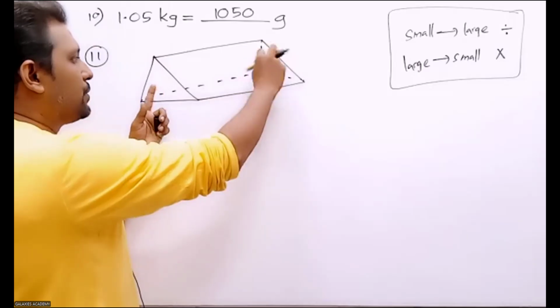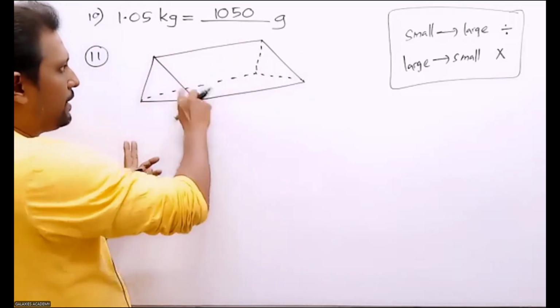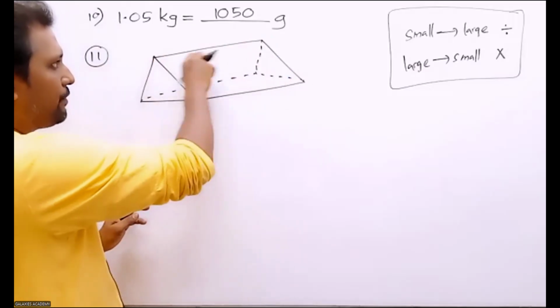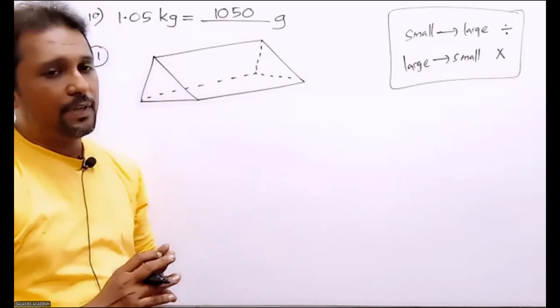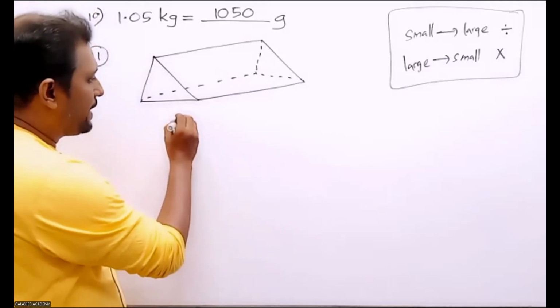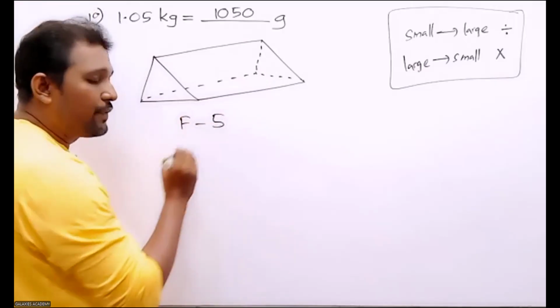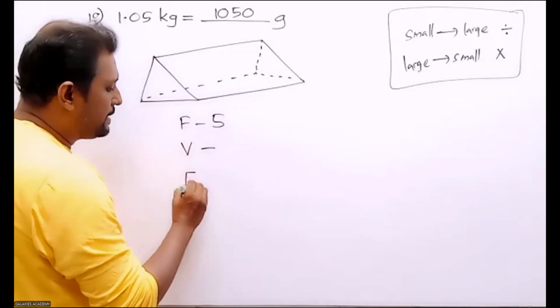These two ends, you can see the triangles. Then there are two faces. Then also these rectangular faces, how many rectangular faces can you see? There are three faces. So how many total faces? Five faces. Also, we have to find the vertices and edges.